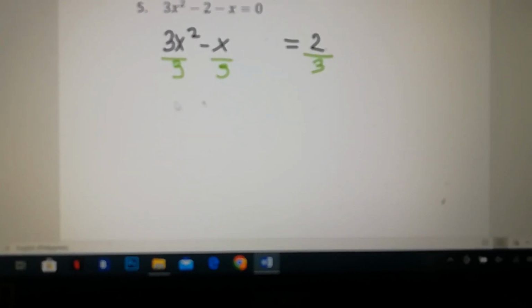So the result now is x squared minus 1/3 x is equal to 2/3. Now, make the left side a perfect square trinomial. So what will be added? 1/2 of the coefficient of the first degree or linear term, which is negative 1/3. So times negative 1/3.